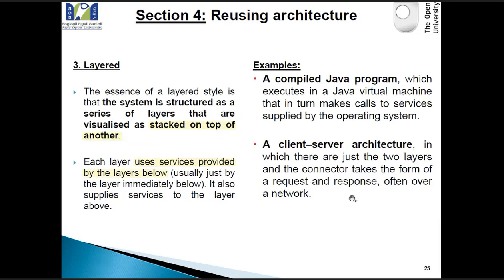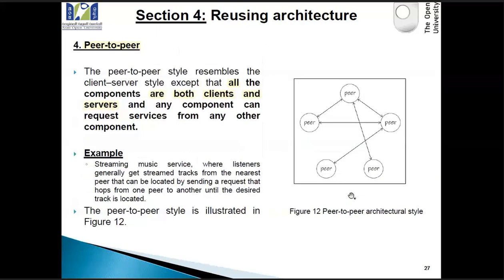The fourth type is peer-to-peer. We already explained this, but I'm just going to see if any of you has used before a website for downloading videos shared among people together.